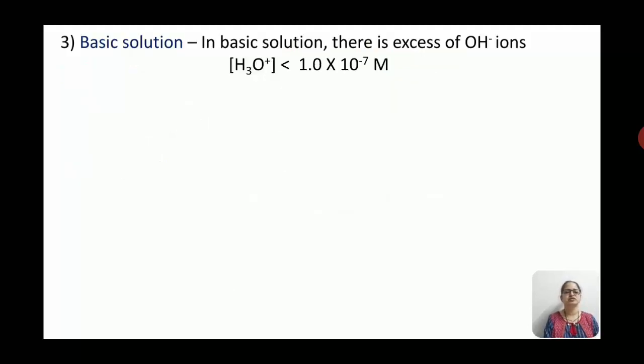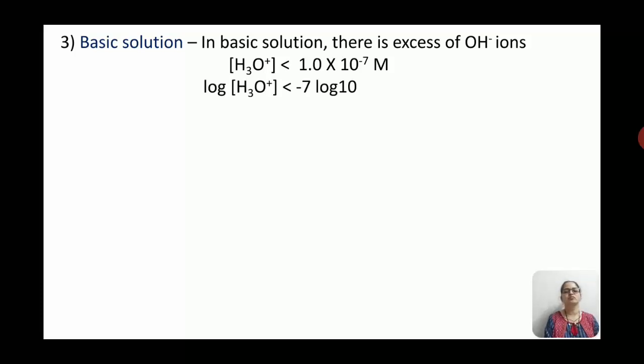In basic solution there is excess of hydroxyl ions. That means hydronium ion concentration is less than 1 into 10 raised to minus 7 molar. Because there hydroxyl ion concentration will be more and hydronium ion concentration will be less.